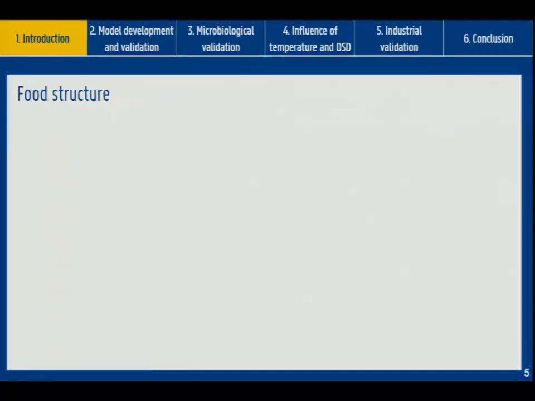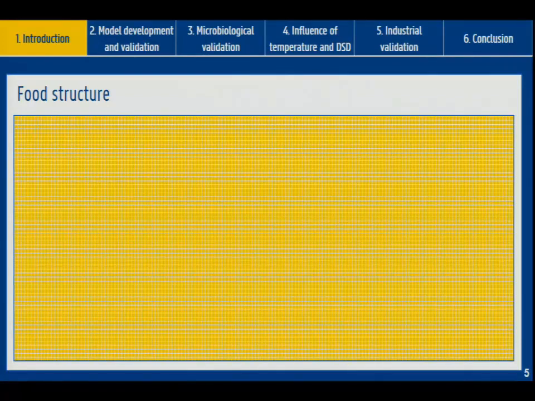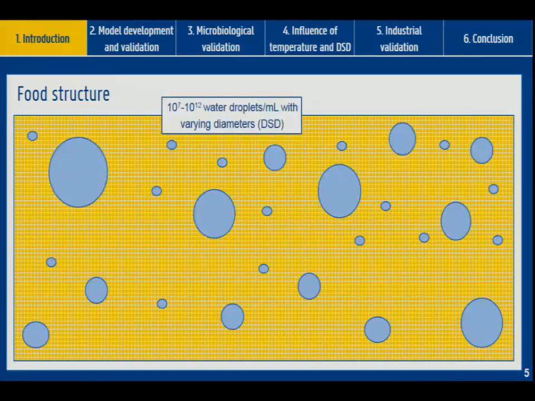How does food structure influence microbial growth? This is a matrix of oil. You will see that there is a grid. For me, this represents a crystalline structure. In this oil, let's say matrix, big matrix, there are 10 to the power of 7 to 10 to the power of 12 droplets per milliliter.